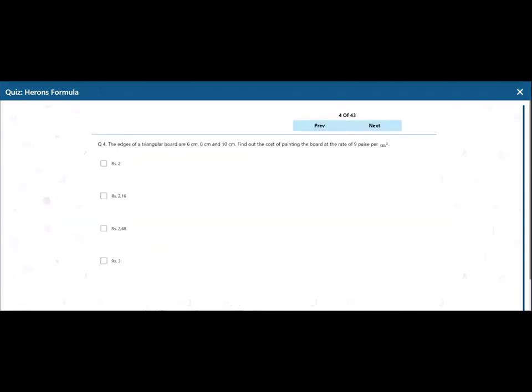How is altitude equal to base? Your question is very valid. Let us do this. How can altitude be equal to base?